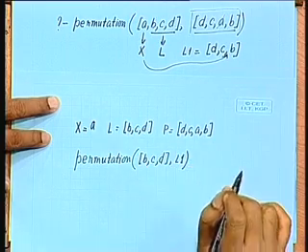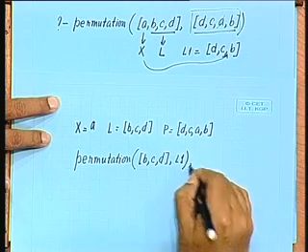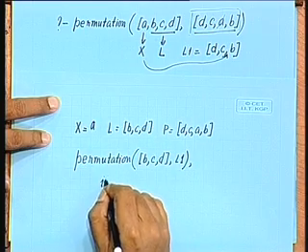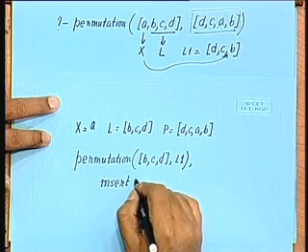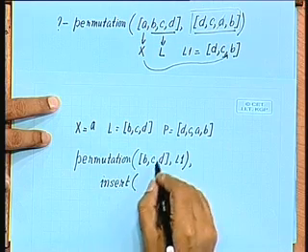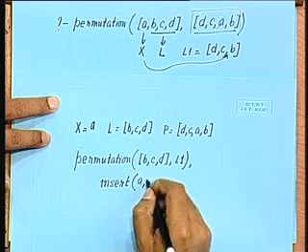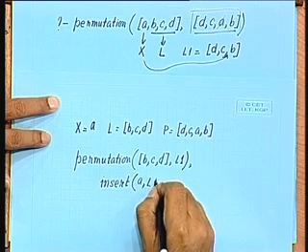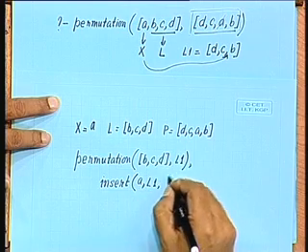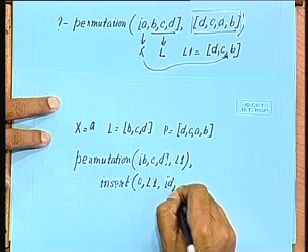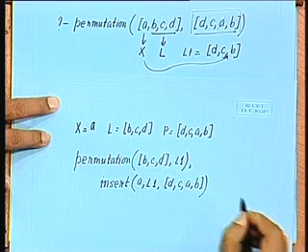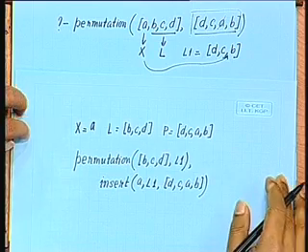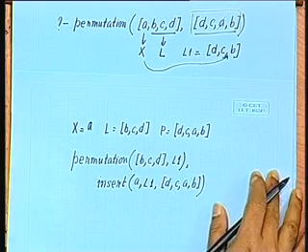Now, what is L1? We do not know yet. And the second sub goal will be insert x, which is A, again in L1, we do not know yet what is L1, but it should produce D, C, A, B. We can also write it using the delete function.